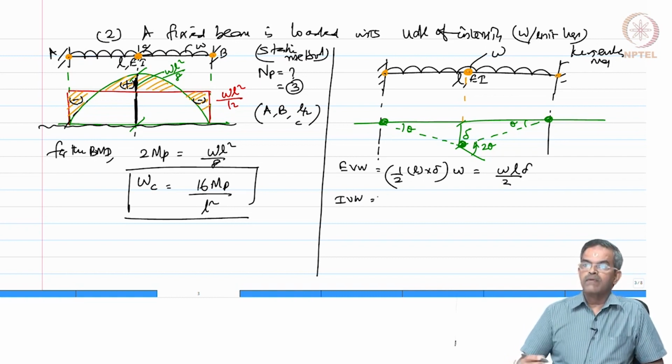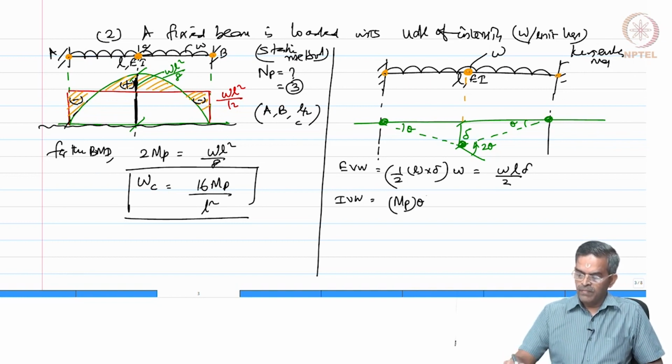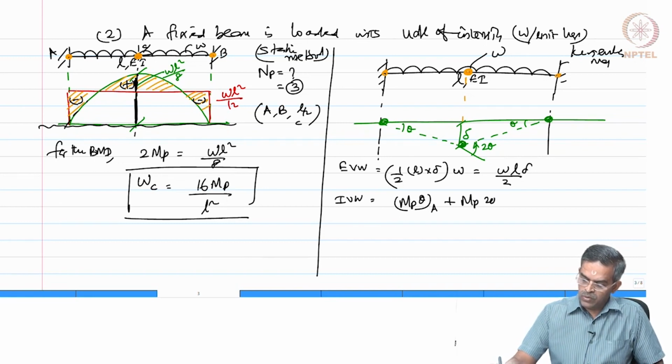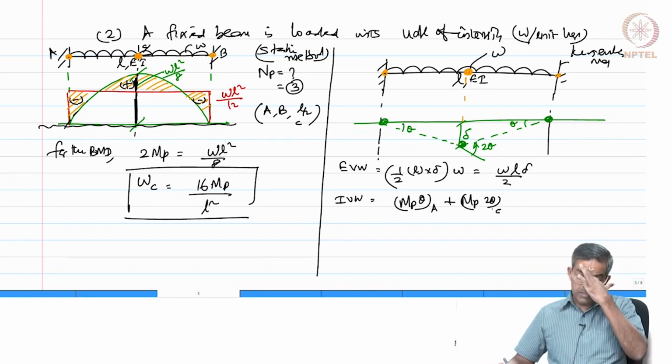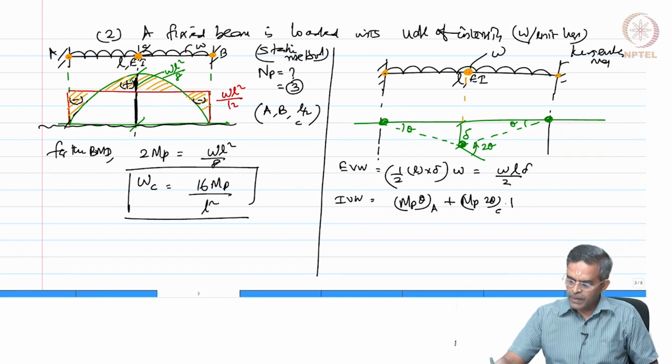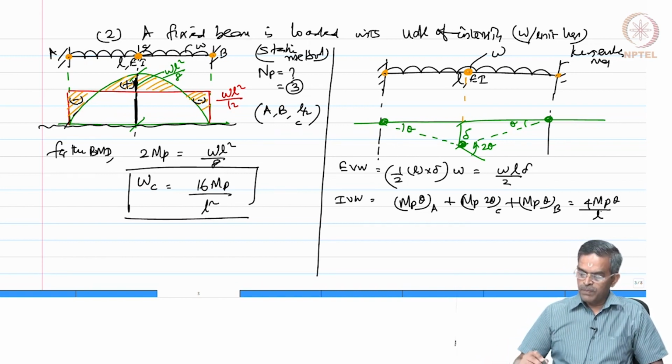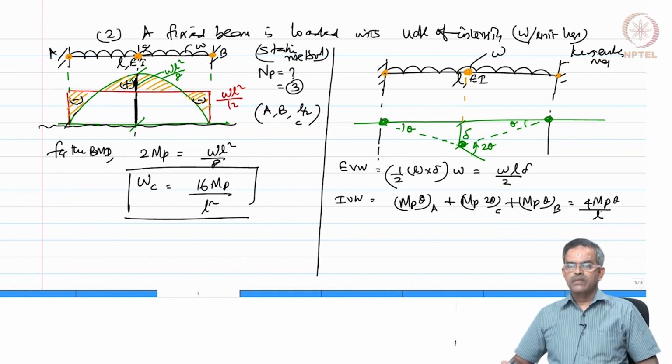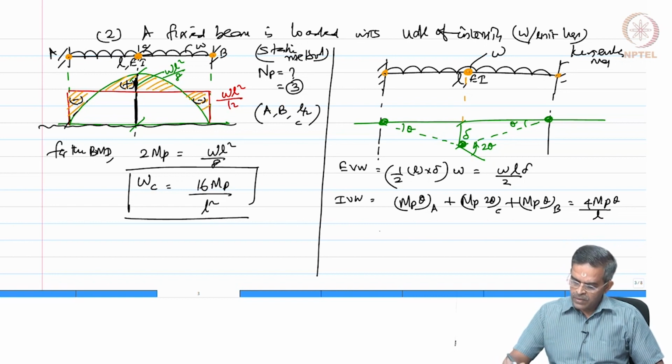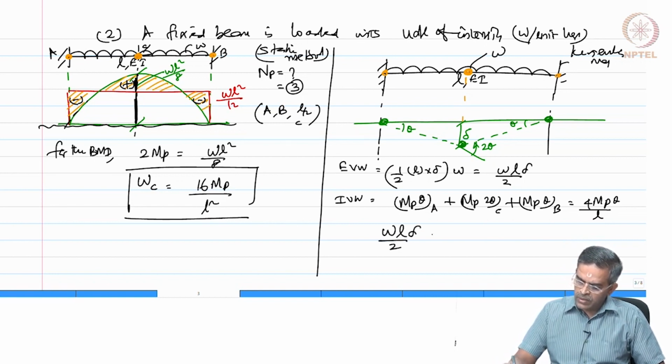Internal virtual work will be equal to MP into theta at A, plus MP into 2 theta at C, which is the midspan of the member, plus MP into theta at B, which becomes 4 MP theta. By principle of virtual work, I must equate external to internal virtual work. So, WL del by 2 should be 4 MP theta.